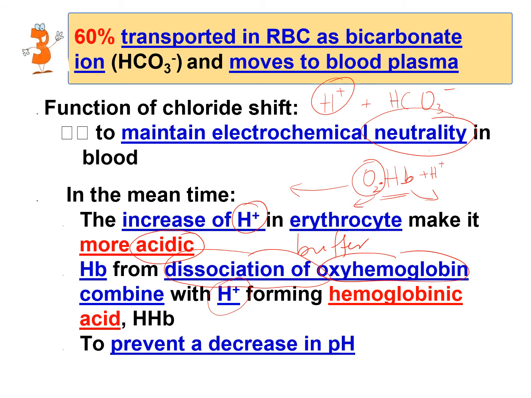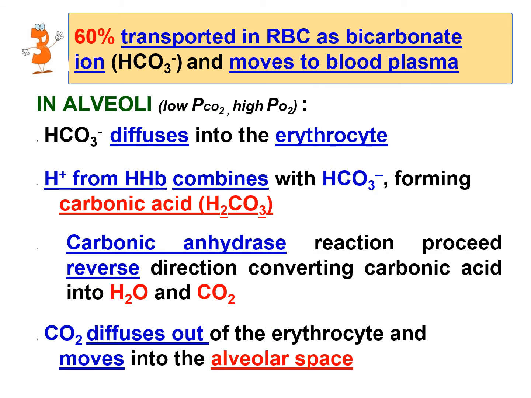So once the hemoglobin binds to the H+, it will prevent a decrease in pH, prevent an increase in acidity.